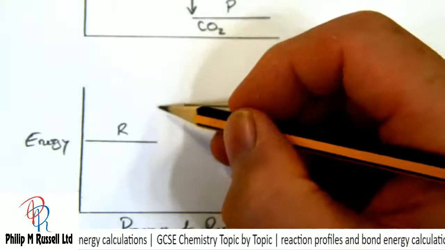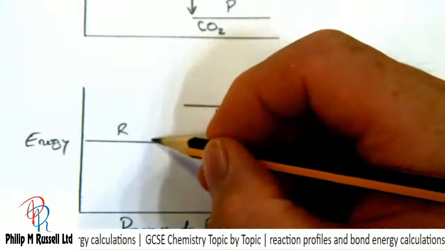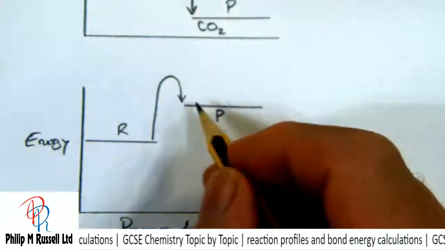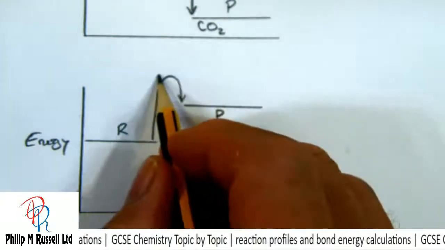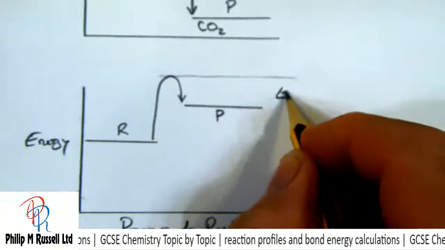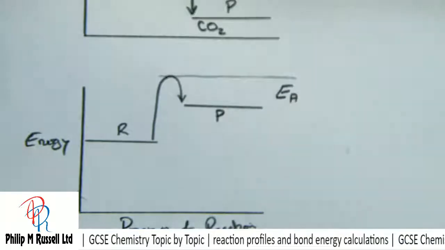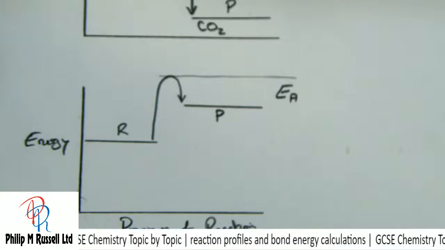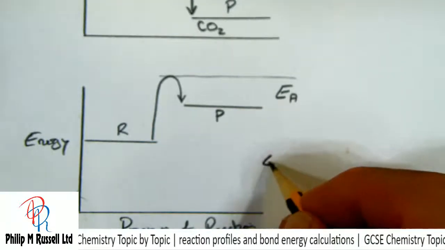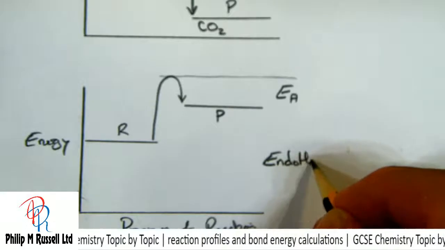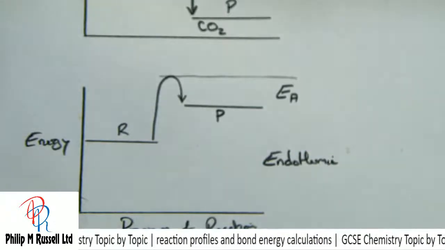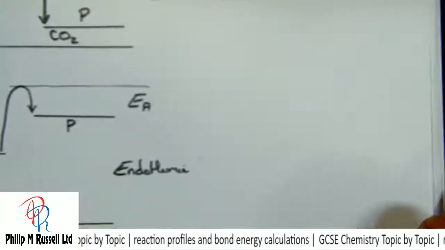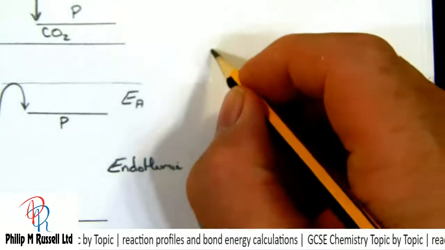I need to put some energy in, but not just enough to do that. Sometimes we need to still put in more energy than the products. So again, I've got this activation energy. So basically we have to think about this as just an endothermic reaction, but I needed to put in more energy. So we need to think about a definition of our activation energy.